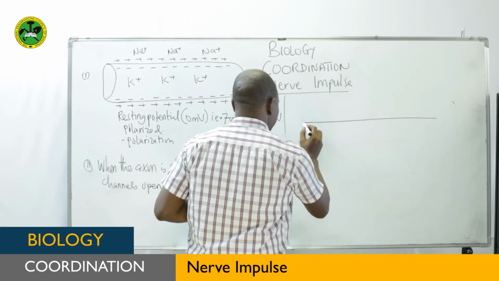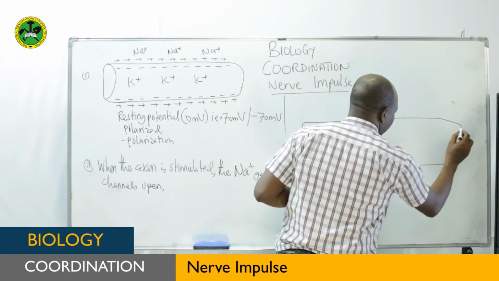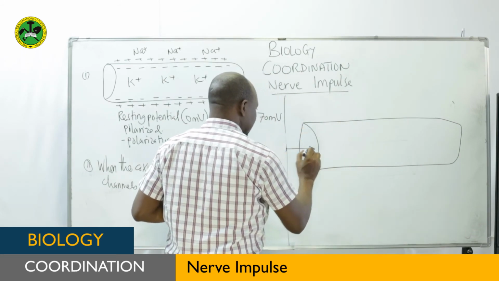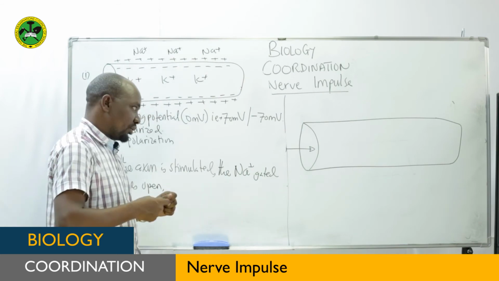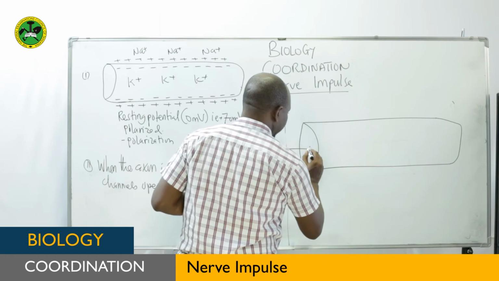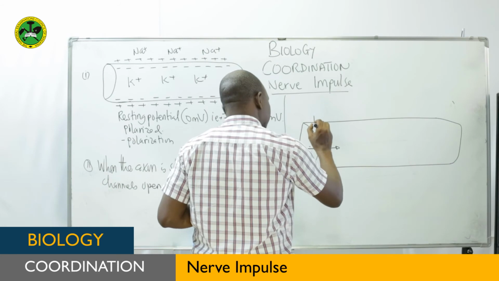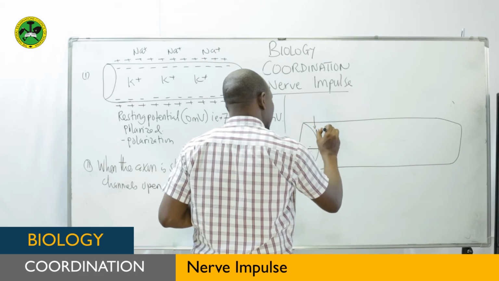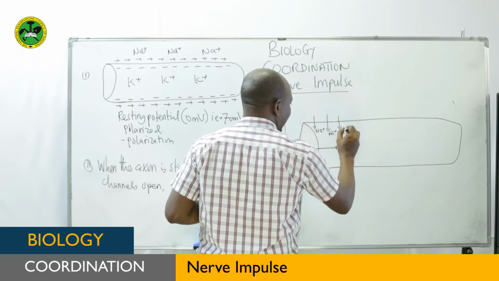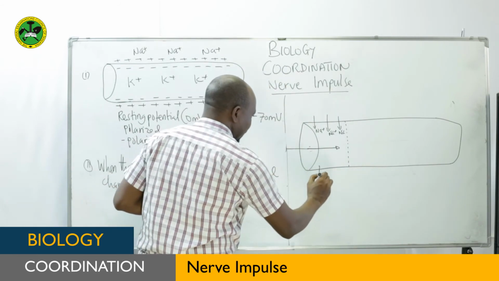Dear student, we can describe this ionic movement in this situation. Let us assume this is the nerve impulse or stimulus. When this part is stimulated, the sodium ions tend to move into the axon plasma for that piece of the axon which is stimulated.